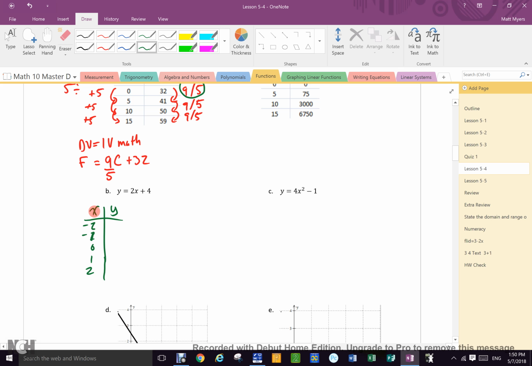If negative 2 is x, then what number can I write there? Negative 2. Is that a complicated concept? No. And yet, in about a week and a half you are going to be like, where'd that come from? Don't be those kids.